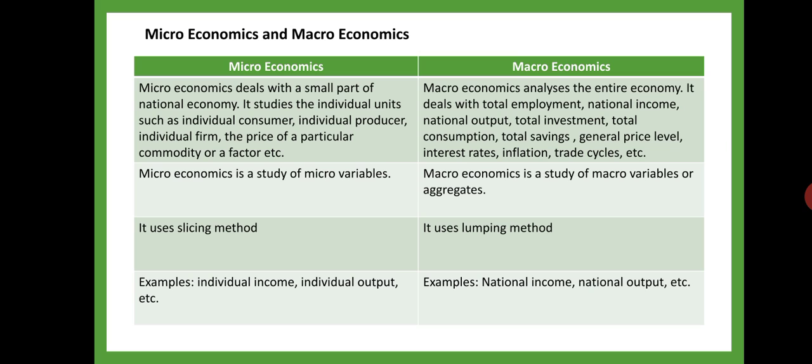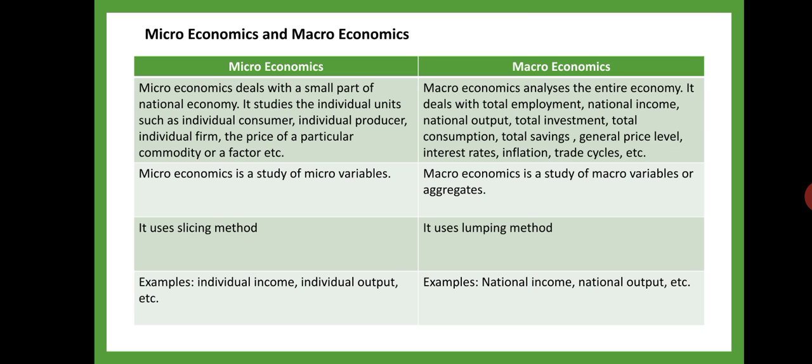Next, microeconomics is a study of micro variables. Micro means what? Small variables like a particular firm, particular household, particular individual. Next, macroeconomics is a study of macro variables or aggregates, where you are studying everything as a whole, total, or as an aggregate. Now, microeconomics uses the slicing method. What is the slicing method? Slicing method means you are studying part by part.